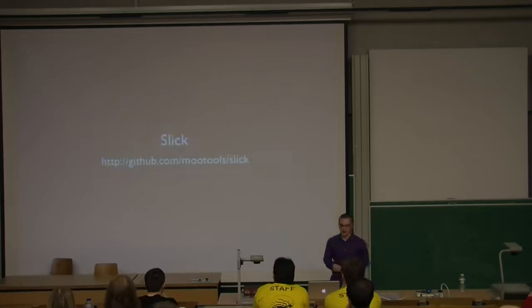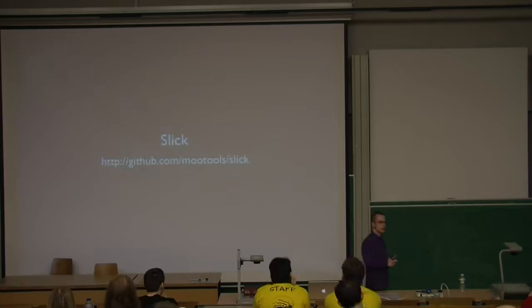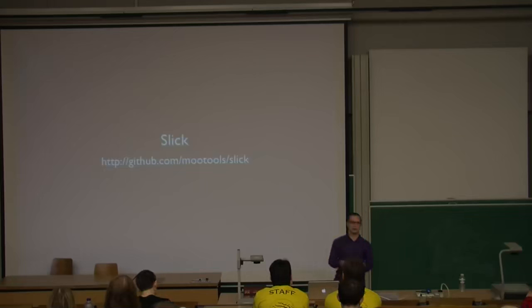One more thing I want to highlight is Slick. It's our new selectors engine for the next version of MooTools. It's completely rewritten. It is focused on accuracy. That means it almost completely implements the whole CSS3 selectors specification. It is focused on customizability.